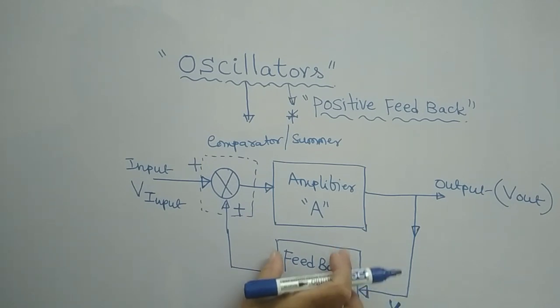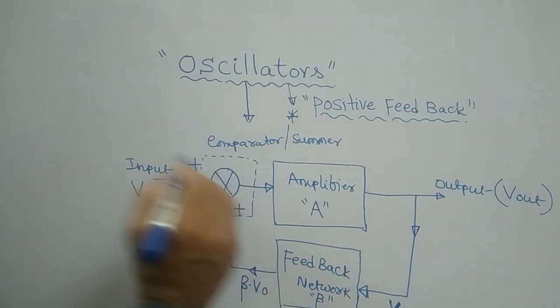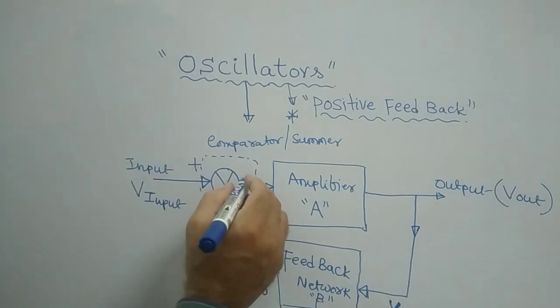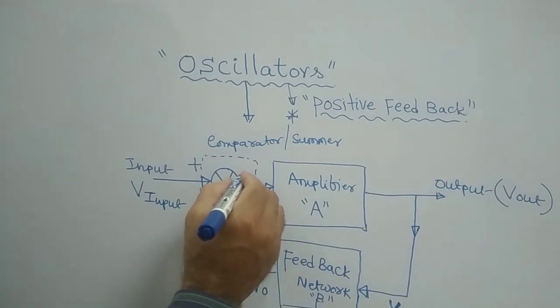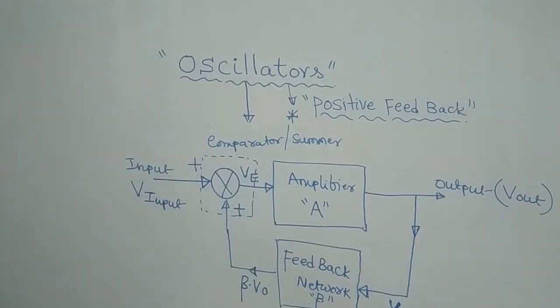The gain of the network multiplied by its input, beta times V naught, is the output here. That is beta times V naught, and I am feeding this to here. Then the error signal comes out here. This is the error signal, you can write it as V suffix E.